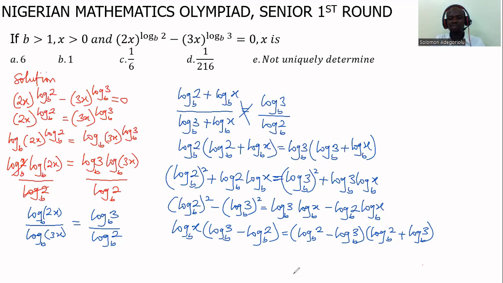So we can rewrite this such that we have the same thing, so that we'll be able to cancel out. And how do we go about that?